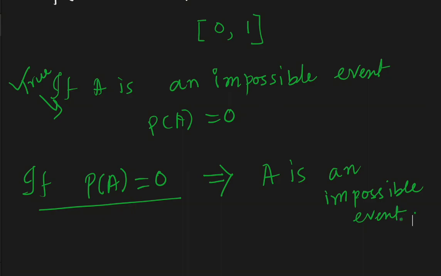The probability of A being 0 only if A is an impossible event is not true. A probability of 0 does not always imply that A is an impossible event.